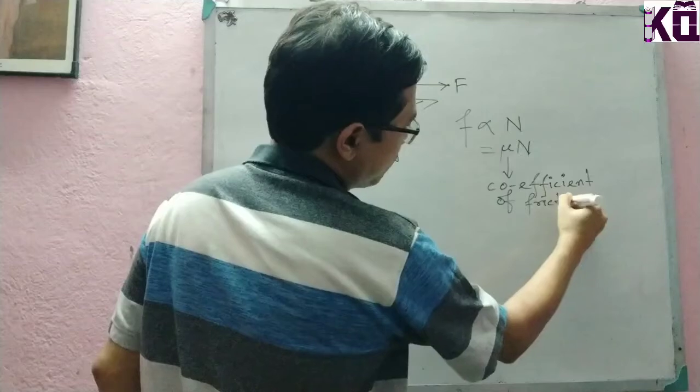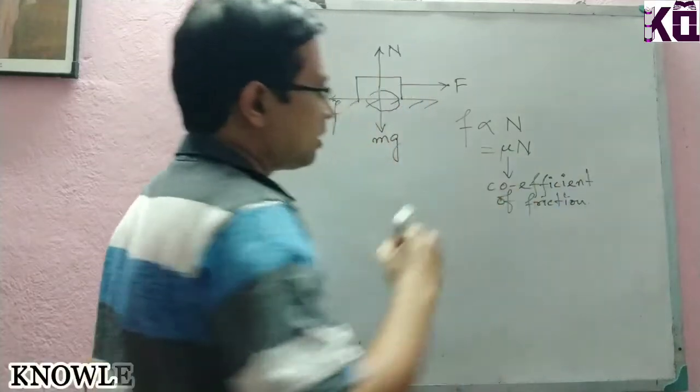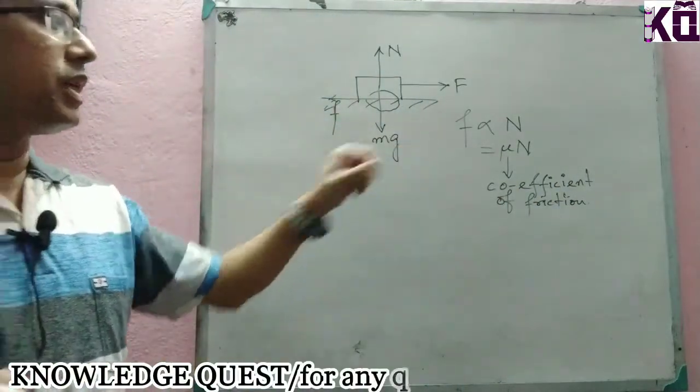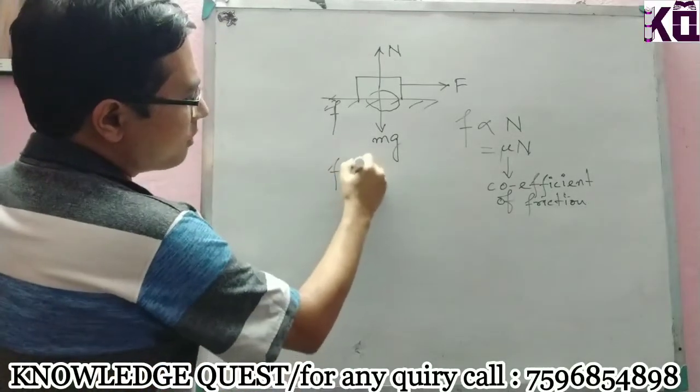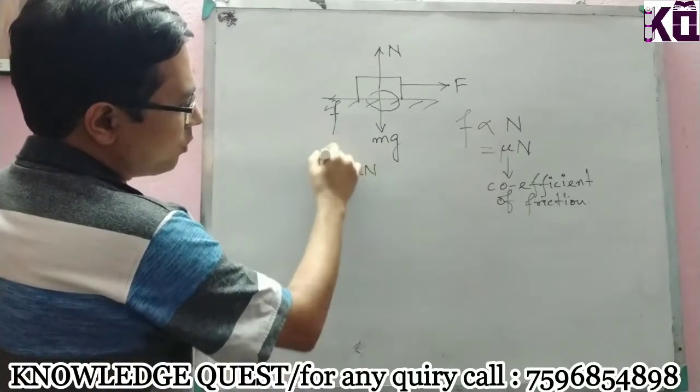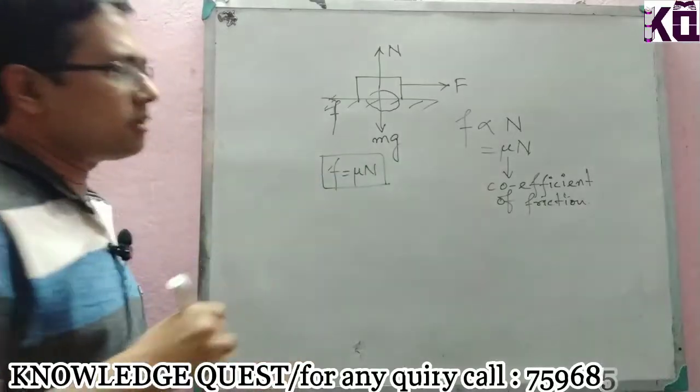So the main equation is F = mu N. First of all we have to remember this, that is important.